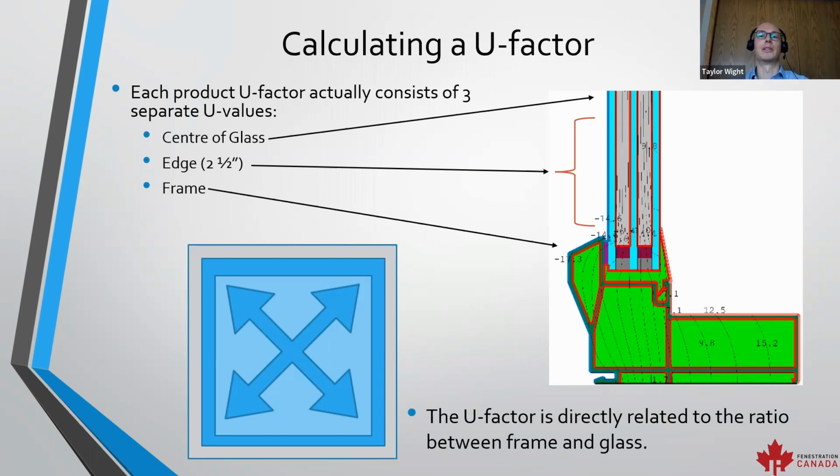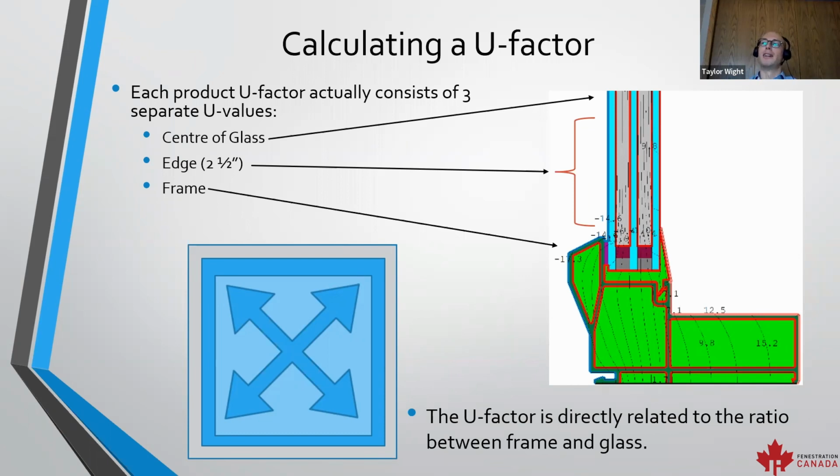In other words, as your window gets bigger, your U value will drop and get better. Conversely, if you have a smaller window, you'll have a higher or worse U factor.